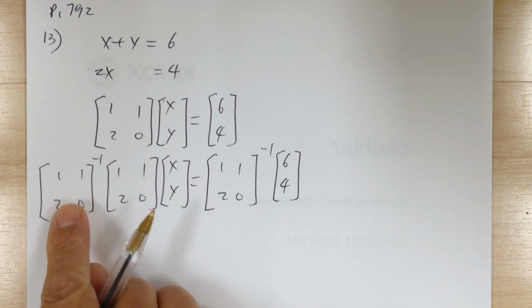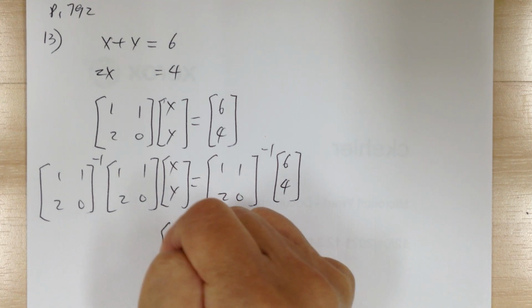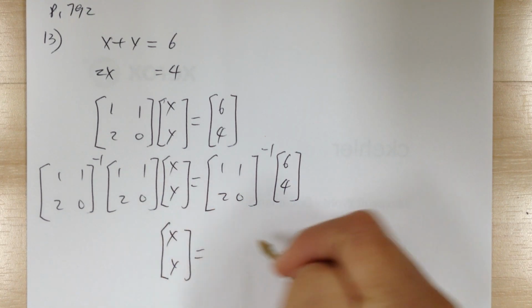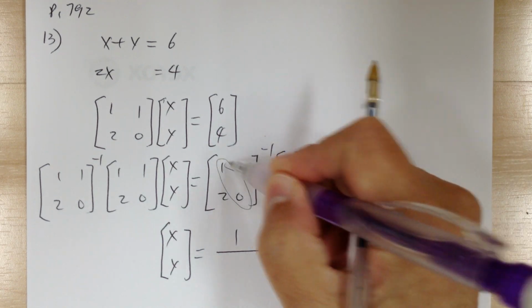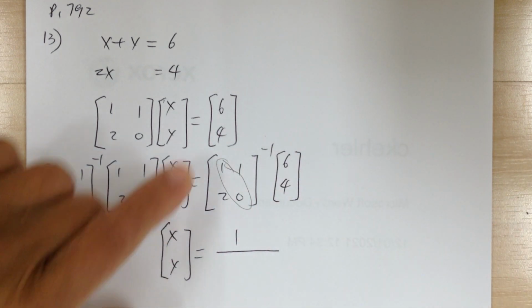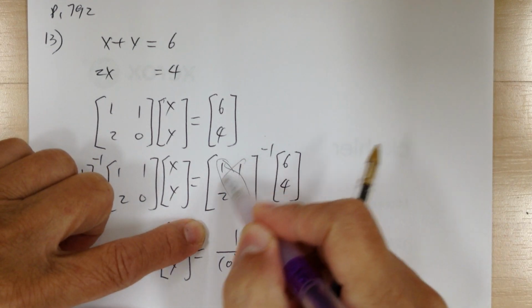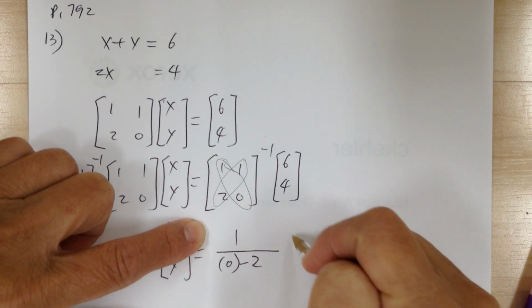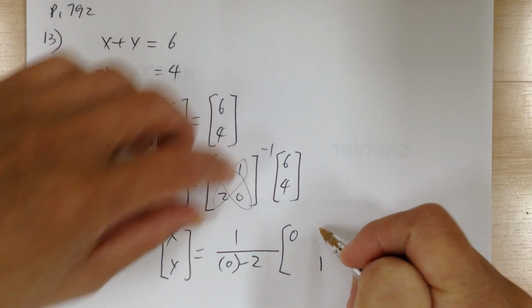That's the reason we're doing this. We do the inverse so as to cancel that out. Now do the det. So do the diagonal: 1 times 0 is 0, minus this diagonal, so it'd be 2. And then we have to switch the sign.